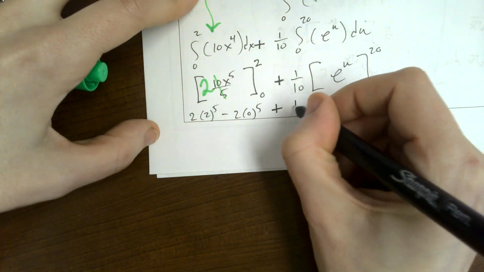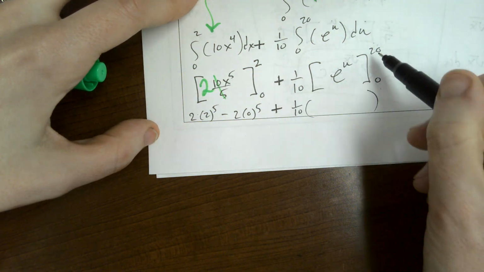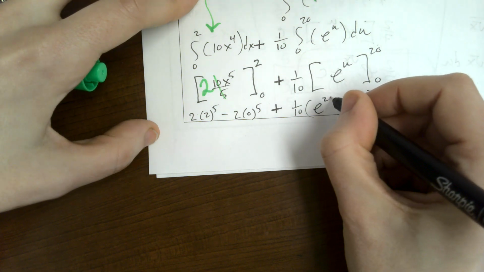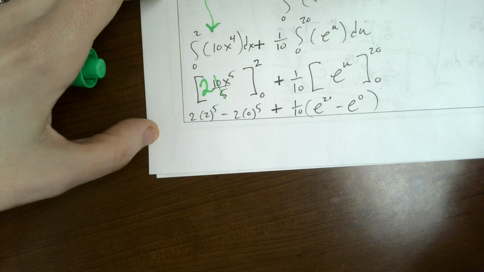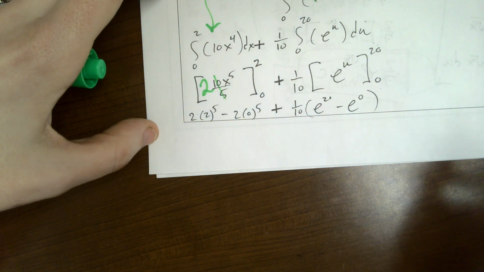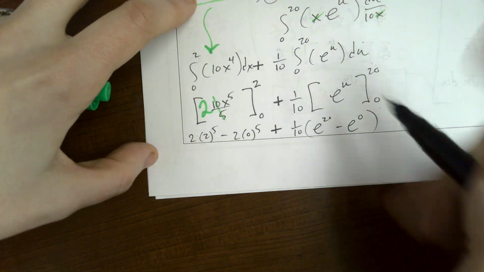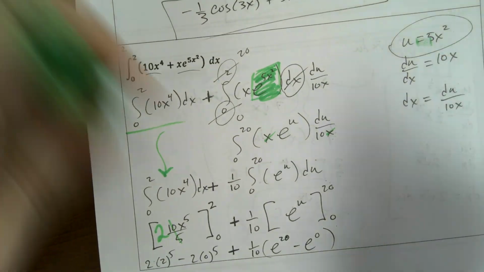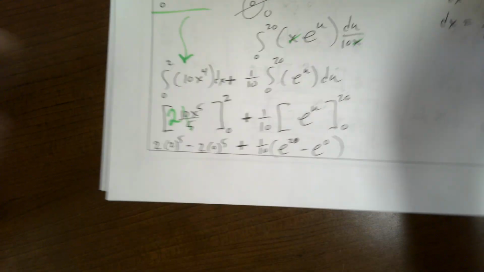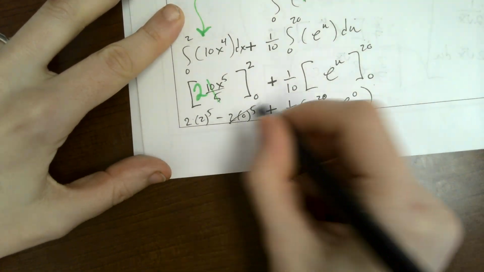Plus, the 1/10 comes down. I need parentheses. 20 goes in, so e to the 20th minus e to the 0. Guys, we've got to know any base to the 0 power is 1. So what we've got: this here is 2, that's 0.